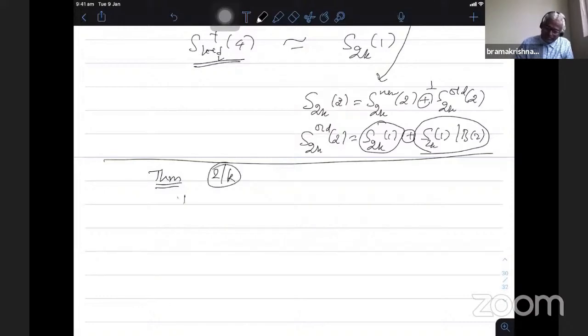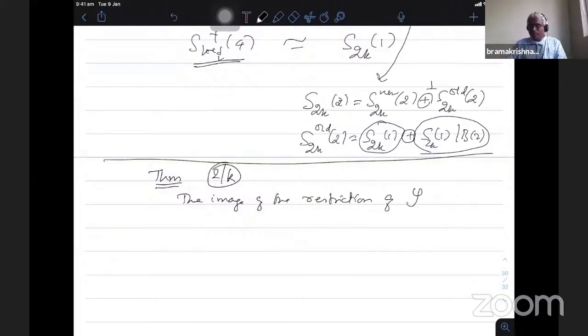The image of the restriction. We take the d equal to 1 case, 1 comma k plus, because k is even, I can take d equal to 1. That's what I told. There should be minus 1 power k, t positive, so t square free. Therefore, I can take t equal to 1 in this case. It is also a fundamental discriminant. Okay.